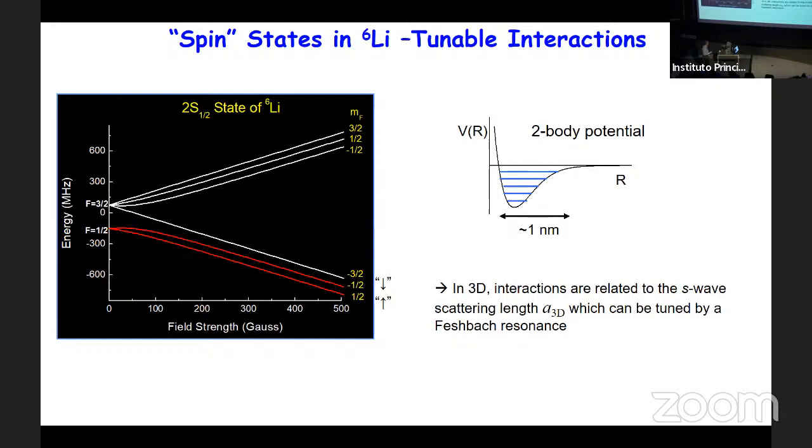What that means is that the details of this potential don't really matter in a collision. What really matters is the scattering phase shift, or equivalently, the S-wave scattering length a. I'll refer to a several times throughout this talk. It comes from a picture where there's a scattering phase shift, and the scattering length goes to a constant at low enough temperatures.